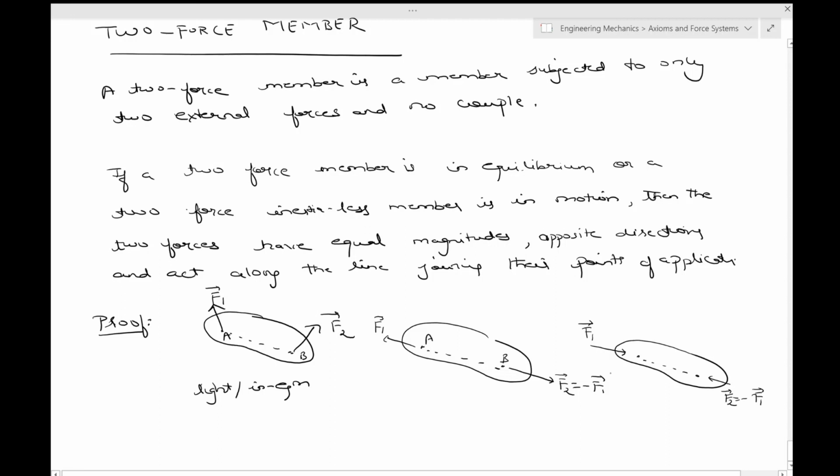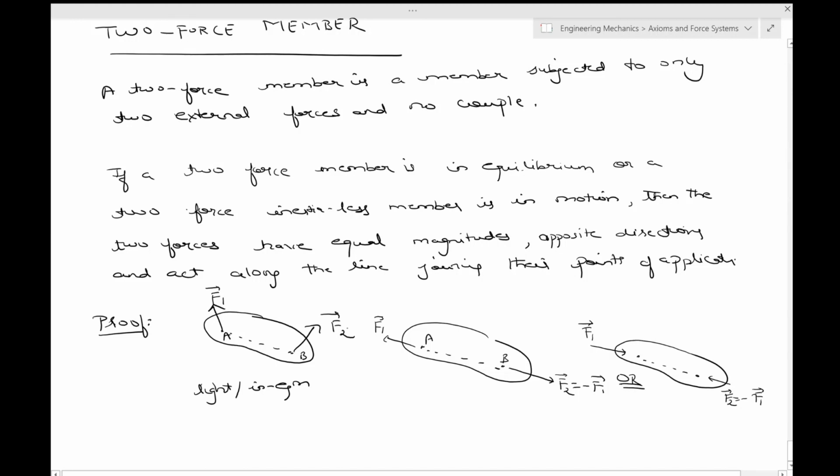So these are actually very similar cases. So if a two-force member is in equilibrium or a two-force inertialess member is in motion, then the two forces have equal magnitudes, opposite directions, and act along the line joining their points.